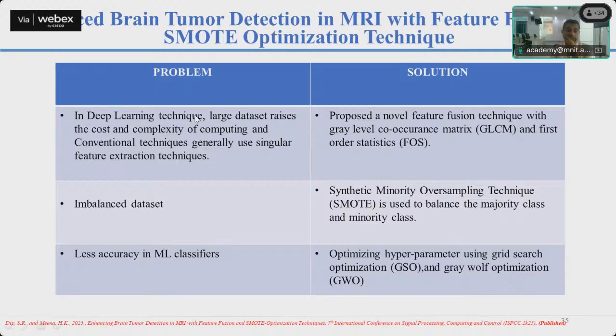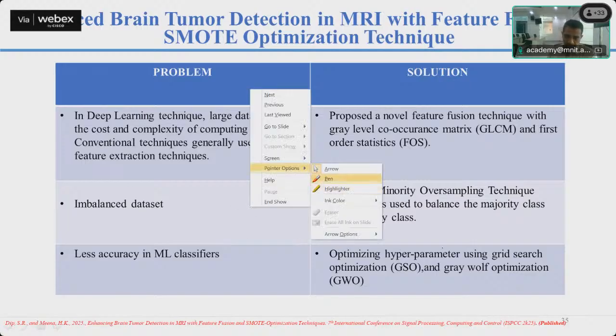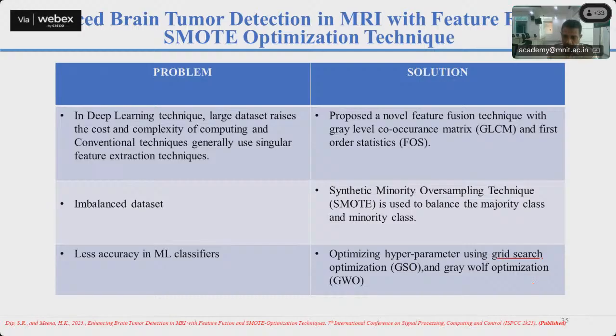ML classifiers have different parameters and sub-parameters that we can tune. For that, grid search optimization and gray wolf optimization have been used in this paper.